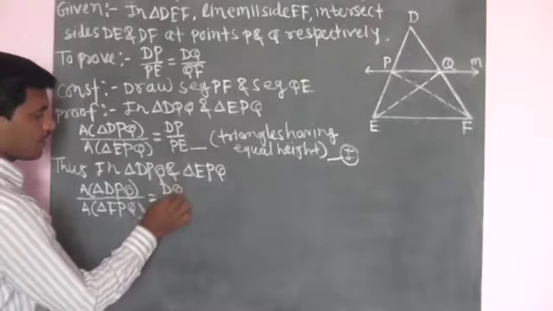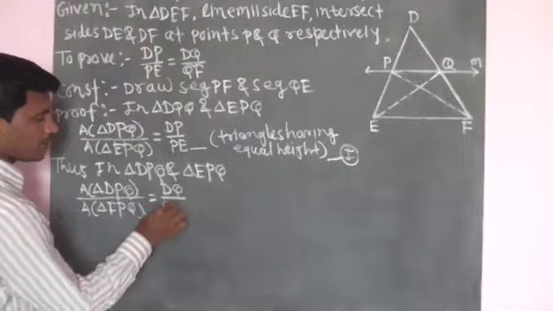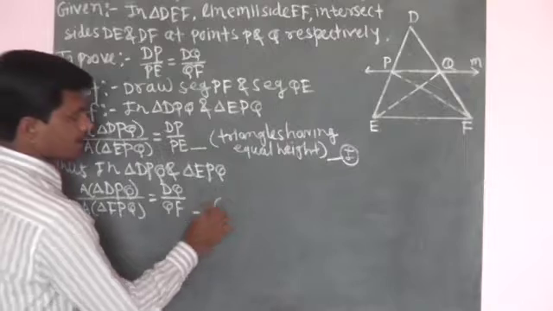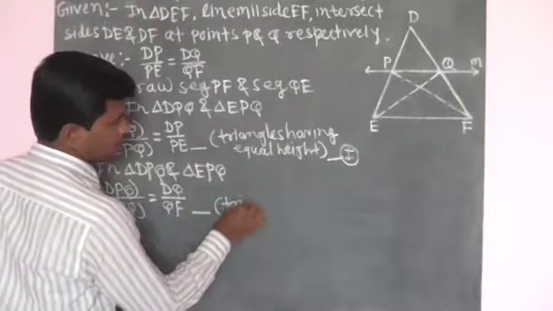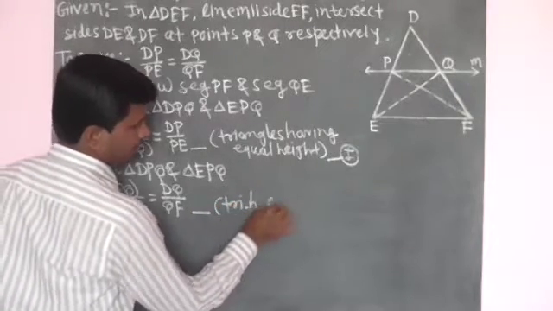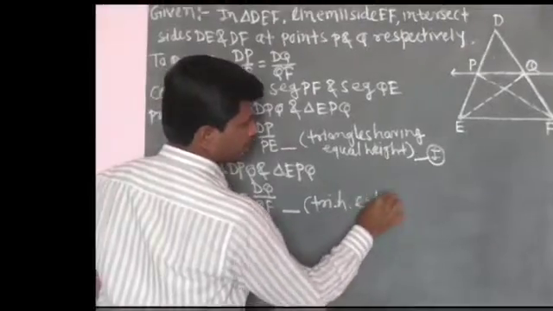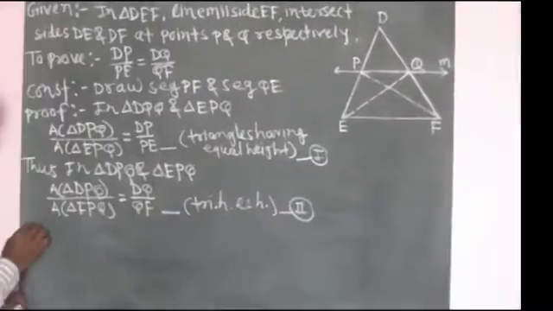It means DQ upon QF, because the triangles have equal height. Equation number 2.